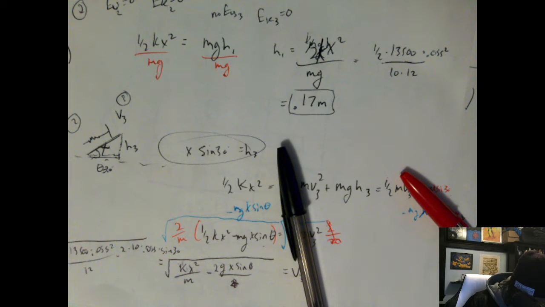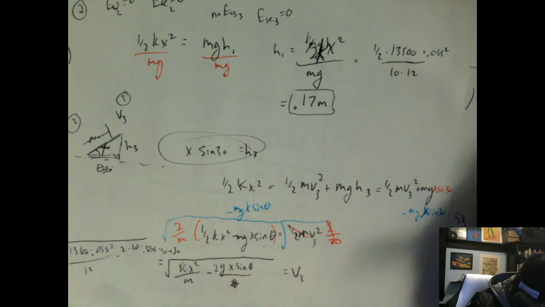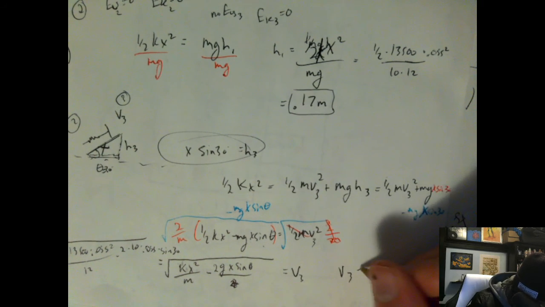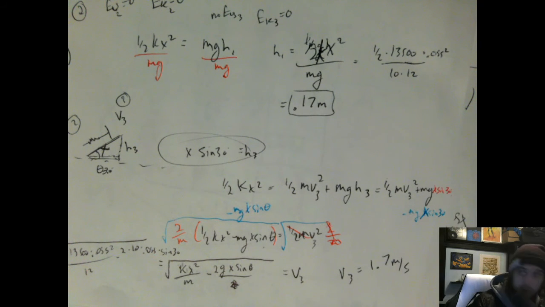And this calculator is almost dead for battery, but we've got that v3 is equal to 1.7 meters per second.